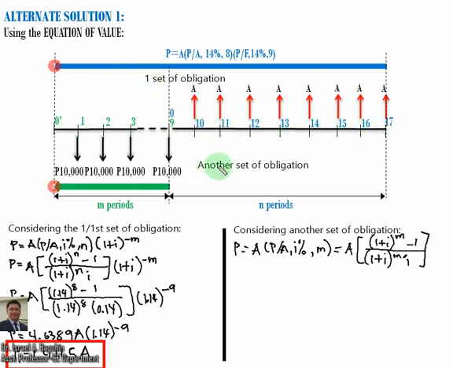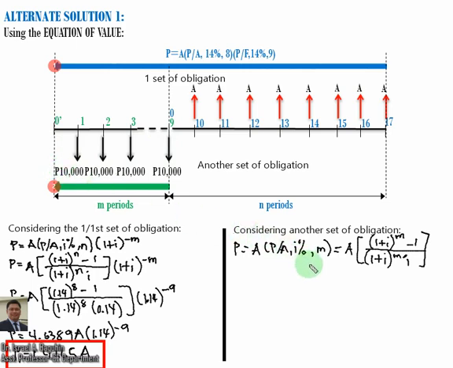So when we are considering the other set of obligation below the horizontal line, there was no deferment of cash deposit, because this is referring now to the cash deposit. There was no deferment or postponement of the cash deposit. So that is why this factor, 1 plus I raised to the negative m, is not present here, because this is continuously deposited from the ninth year going to this 0 prime year.